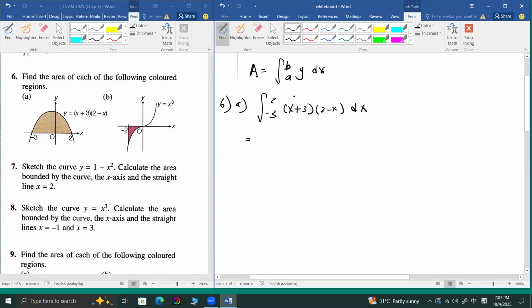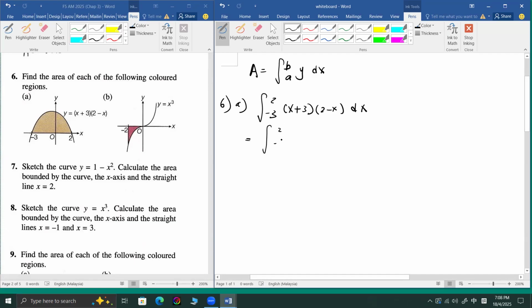Okay, now when you come to this, you refer to just now your question, you know, the limit one, right? You expand. This one you have to expand. Ready? You expand everything first.